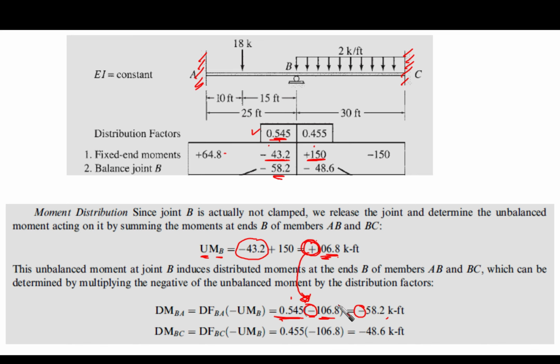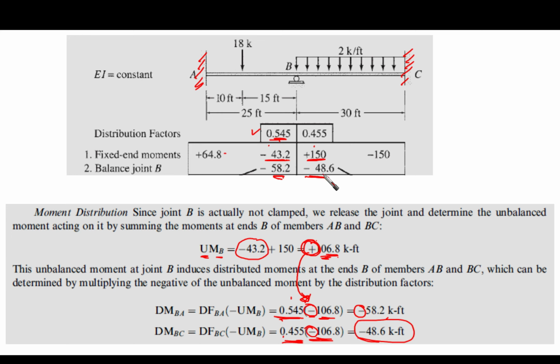Now on the right it is going to be the remaining part, which is 0.455 times 106.8 with the opposite sign, so it is negative here. So it gives us minus 48.6.